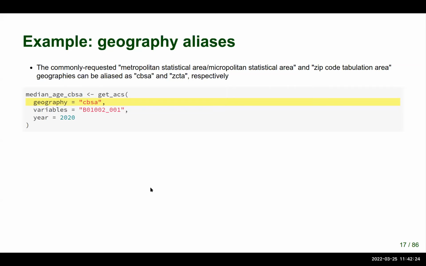Both will work. I do the same thing for zip code tabulation areas, which are basically shapes that represent roughly the extent of USPS zip codes. So you can type in ZCTA to alias for zip code tabulation area if you want zips as well.